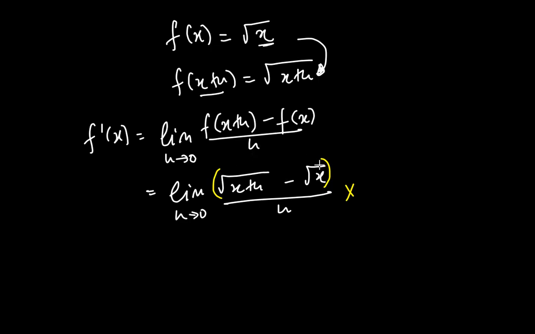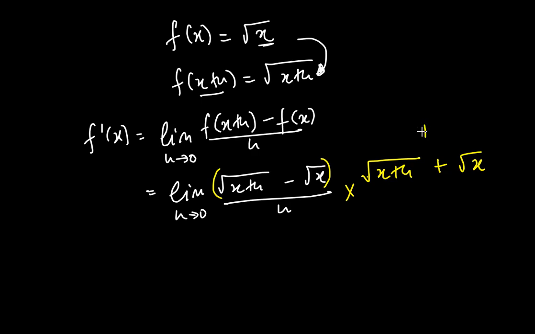Okay, the conjugate of the numerator. What is a conjugate? A conjugate is the very same thing here, right? So we're gonna say root of x plus h plus root of x, but instead of having a minus, we're now gonna have a plus. Okay, so it's the very same thing, just a different sign in between.